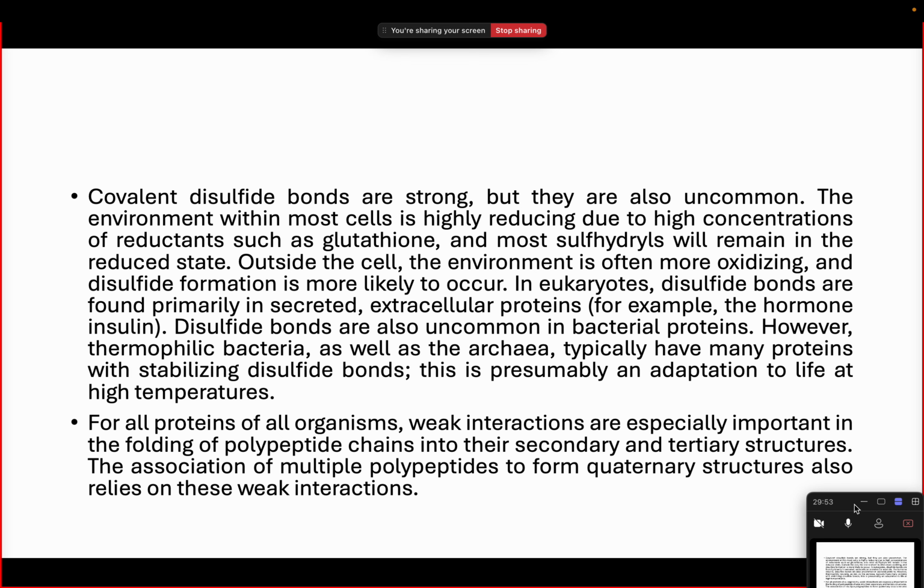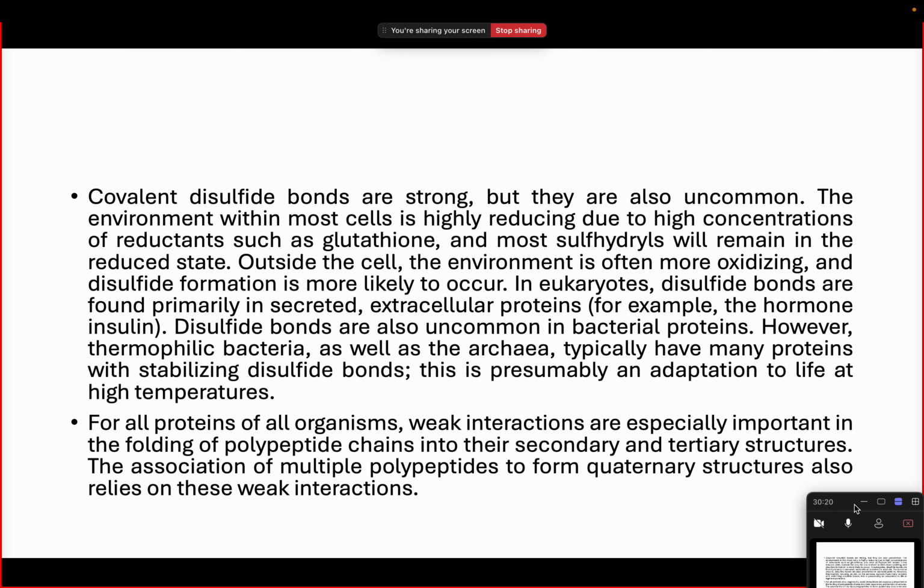The environment within most cells is highly reducing due to high concentrations of reductants such as glutathione, and most sulfhydryls will remain in the reduced state. Outside the cell, the environment is often more oxidizing, and disulfide formation is more likely to occur in such conditions.